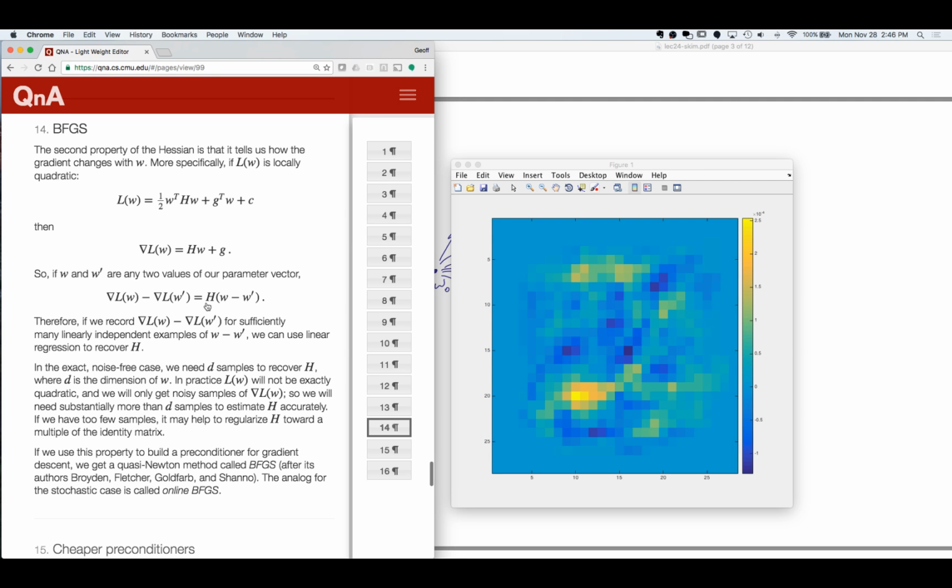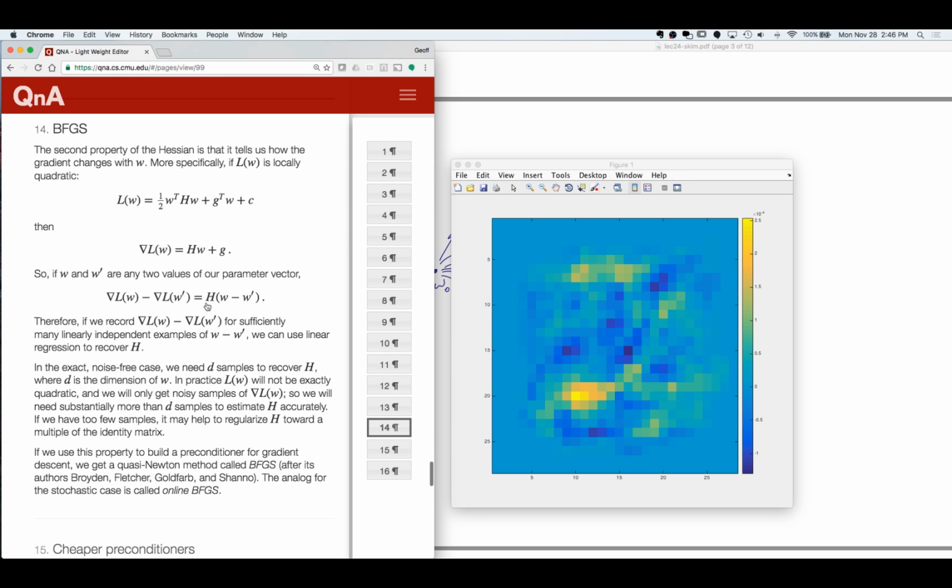And if we do it so many times that it's an overdetermined set of equations, we would use linear regression instead of just solving a set of linear equations. In the exact case, if W is a d-dimensional vector, then we need d samples to recover the Hessian.